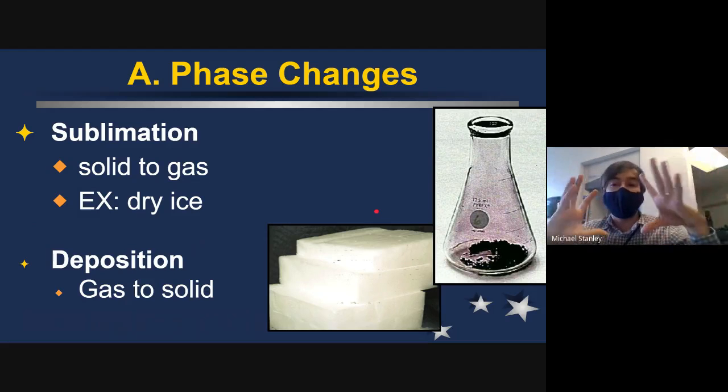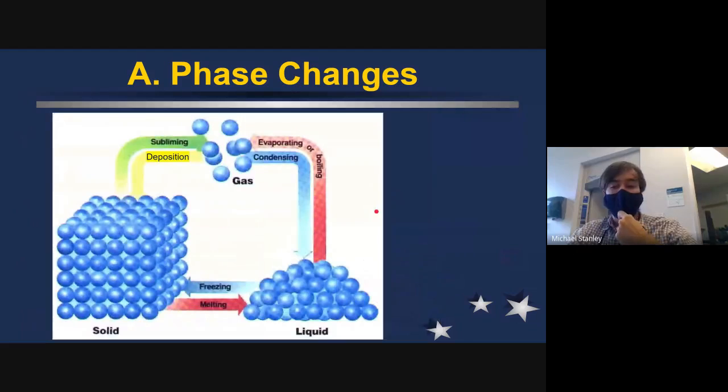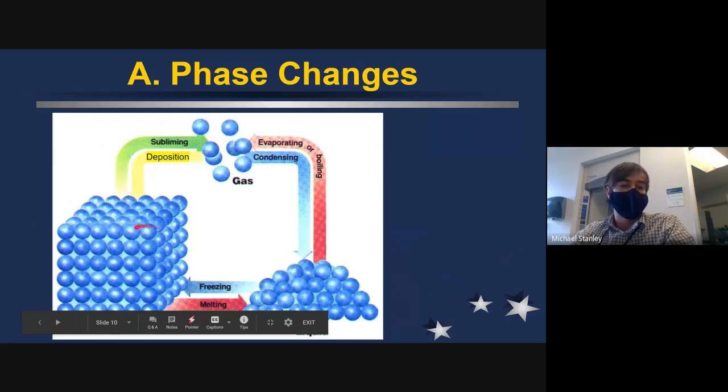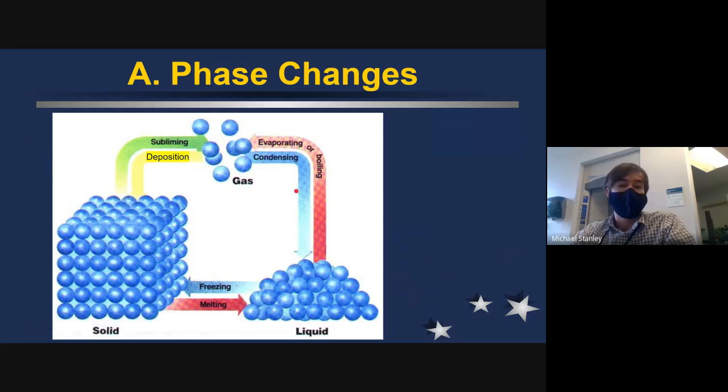So if we put everything together into kind of one image, we get this handy dandy little picture down here where we have our three states of matter, our low energy solids, our medium energy liquids, and our high energy gases. So if we take a solid and want to turn it into a liquid, it'll go through melting.